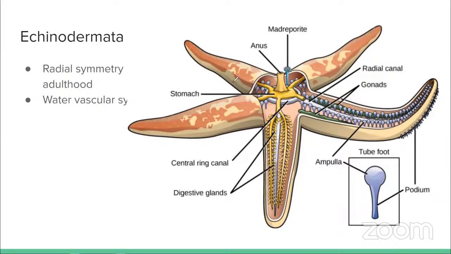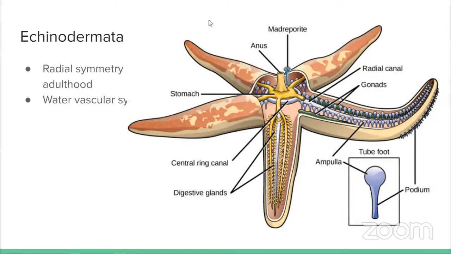Radial symmetry is that star-shaped symmetry. But even though we have that radial body plan in adults, during development we actually start out, even in the echinoderms, from bilaterally shaped embryos. That's part of how we see that evolutionary history, even though we converge upon radial symmetry in the adults.